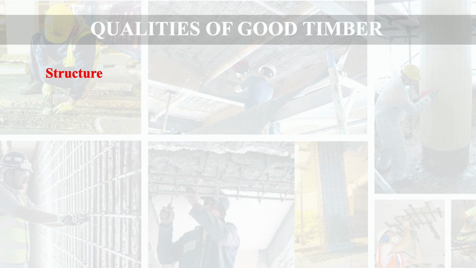Then another quality of good timber is structure. What is the structure of the wood? So the structure should be uniform. Means a good timber should have a uniform structure.